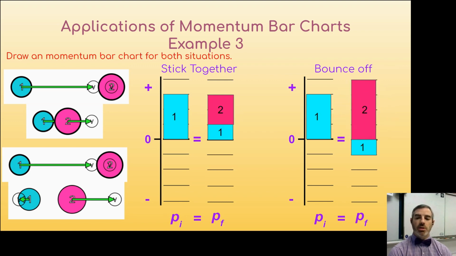Comparing the two pink values, we can see that in the bounce off situation, sphere 2 has a much larger momentum than it did when the two spheres stuck together. So in the situation where an object bounces off, because it moves in the negative direction, there's going to be a larger transfer of momentum from object 1 to object 2 than when they stick together and move off as one object.